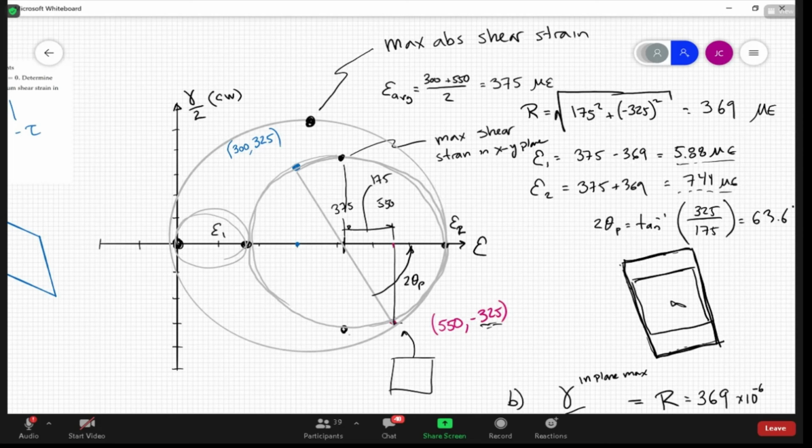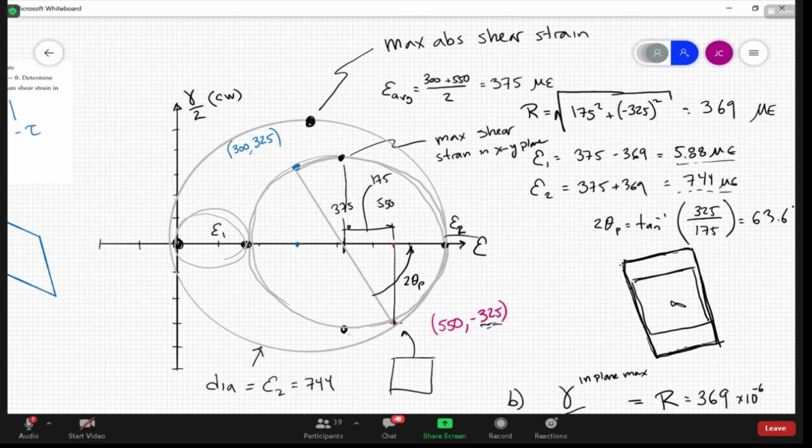So this bigger circle has a diameter equal to, okay, that's not epsilon, that is 0, so that is the 744.